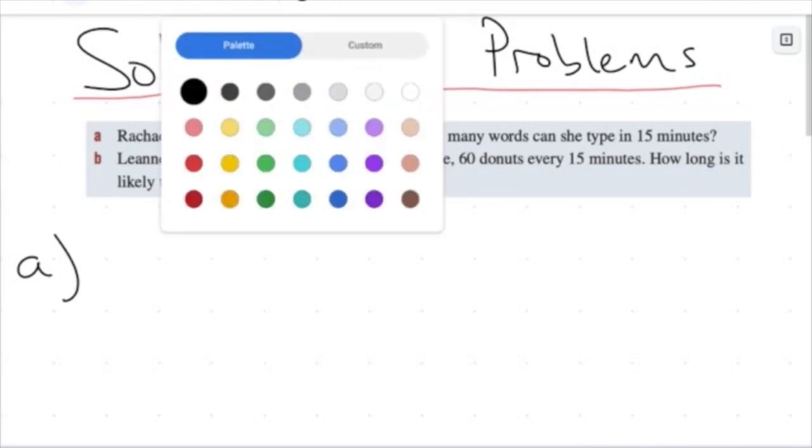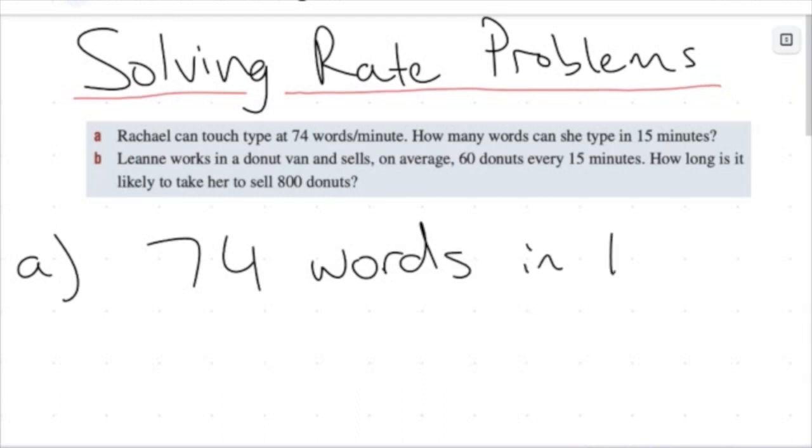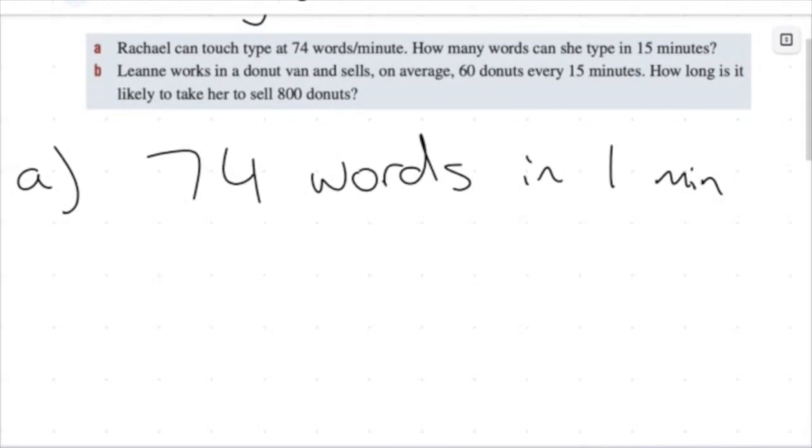So let me just write this information in. So I have it takes 1 minute to write 74 words in 1 minute. Now that's just told to us in the question, and we want to see how many she can type in 15 minutes. Now this first question is actually not too different from the ones we've been doing.